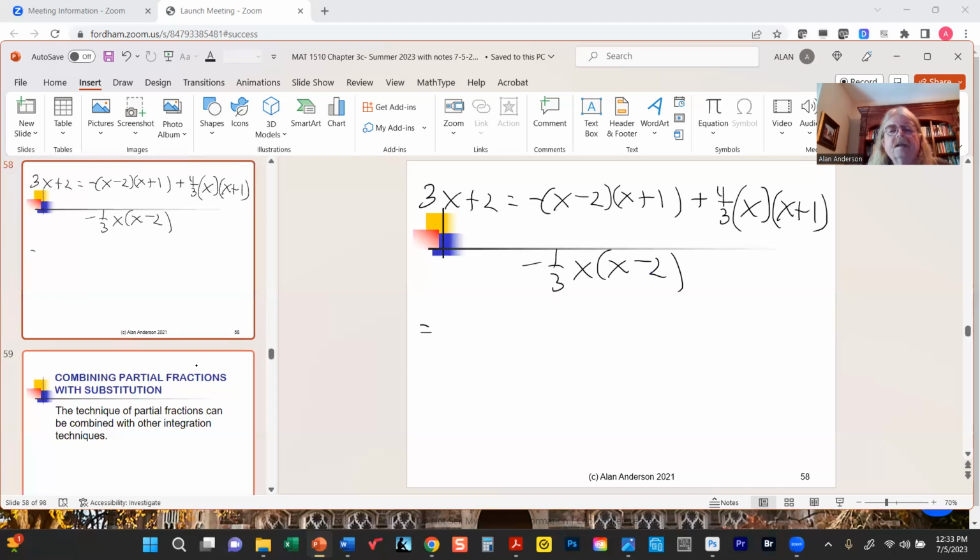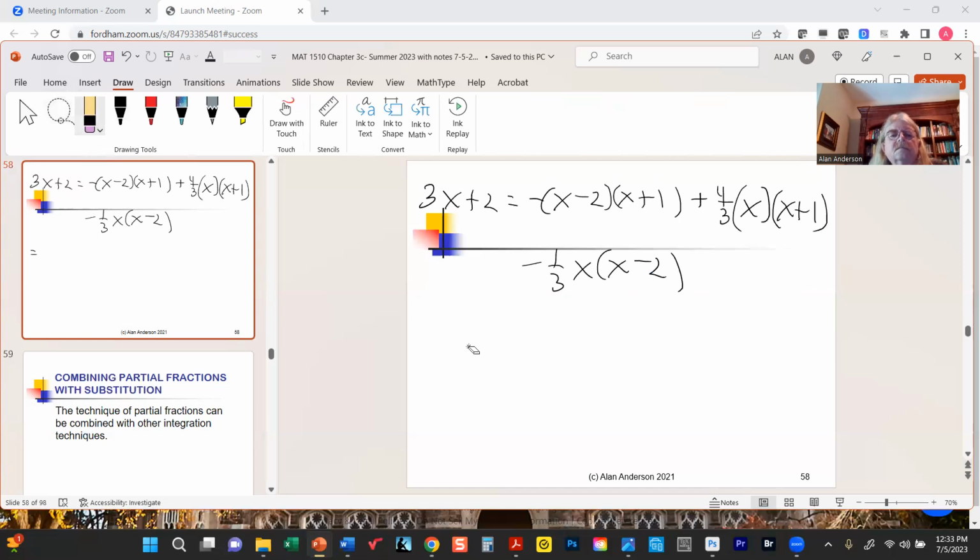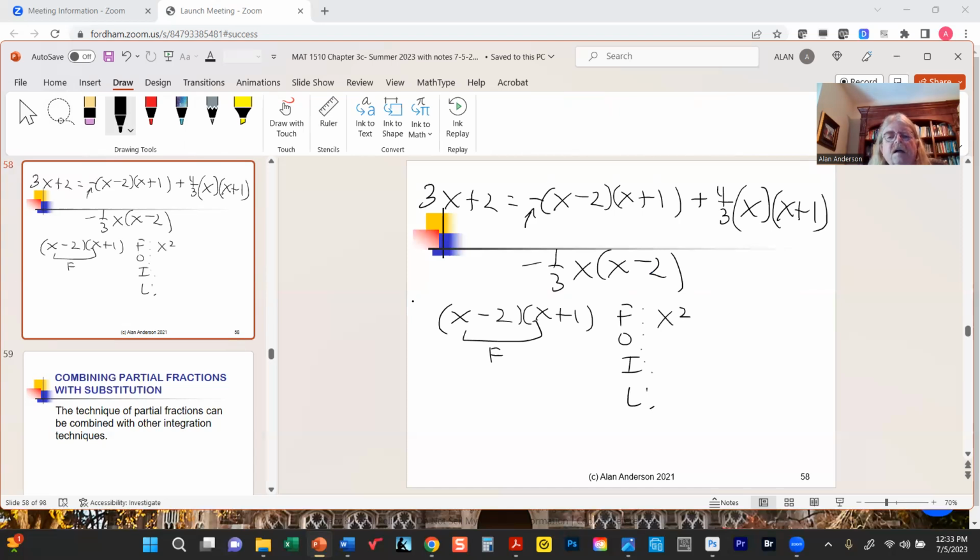All right, so the right hand side equals, now when you multiply these two terms together, x minus 2 times x plus 1, solve this with FOIL. But don't forget about the negative. Okay. O is x squared. I is x.